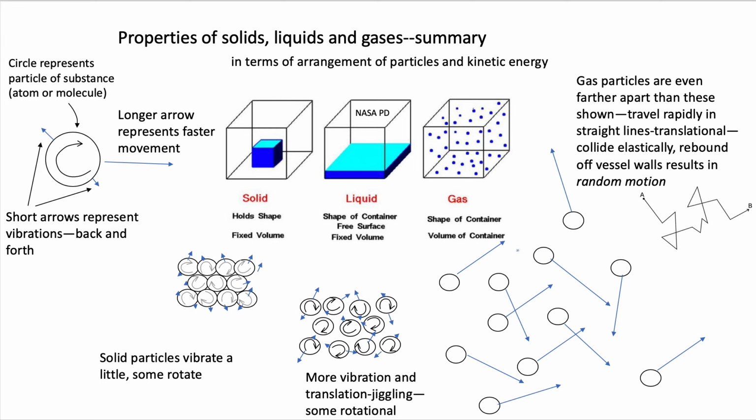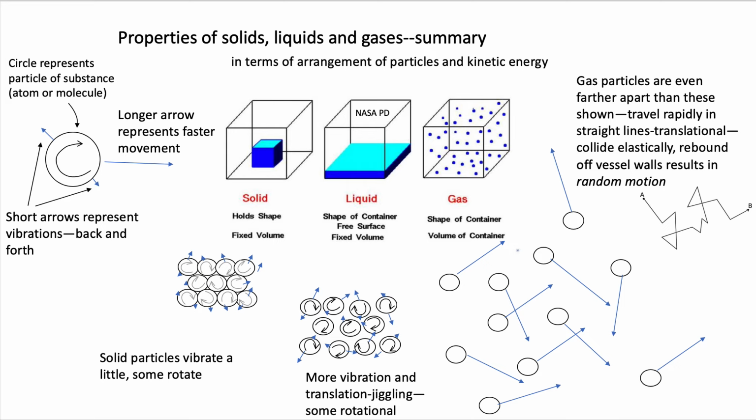So the diagrams help. The first box on the left is a solid, which has its own fixed shape, and the particles are just vibrating, with some slight translational movement. In the middle diagram, the liquid takes the shape of the bottom of a container, and the particles are jiggling, vibrating a little bit more, with some rotational movement, able to slide over each other.